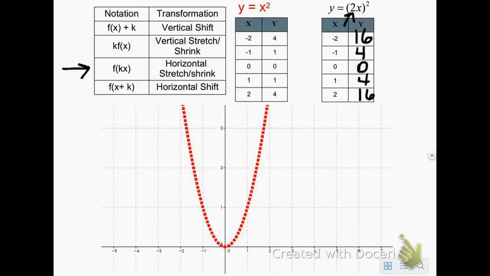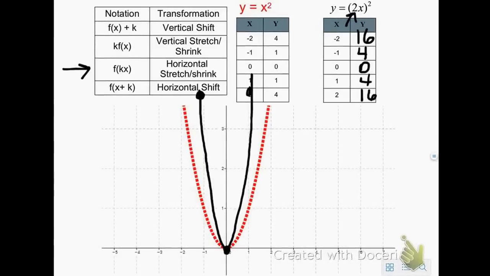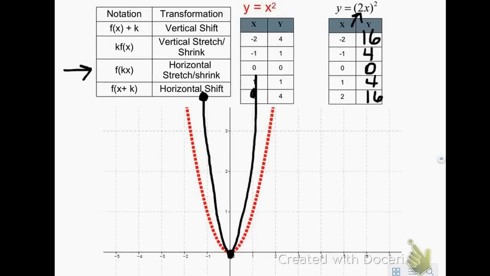But if I had negative 1, 4, that would be right up here. 0, 0. 1 comma 4, again way up here. To me, your vertical stretch looks very much like your horizontal shrink, because horizontally it's much thinner. So that would be called a horizontal shrink.